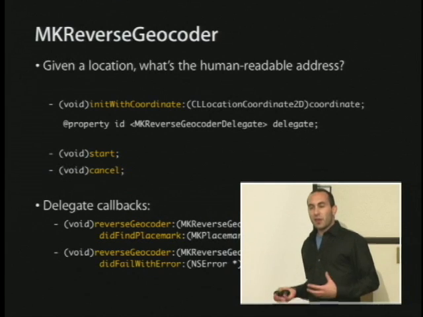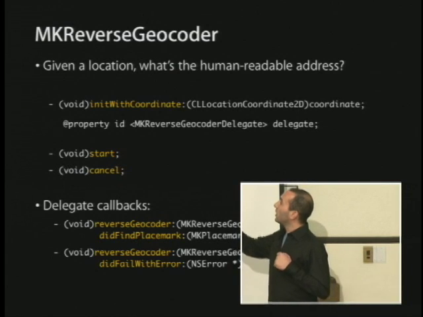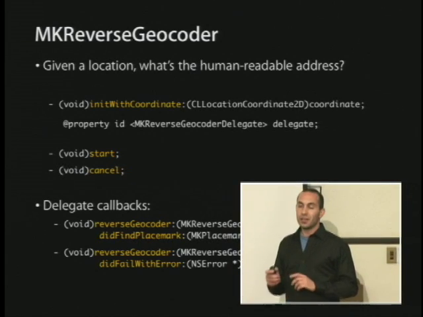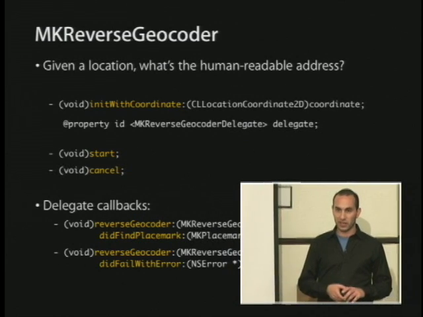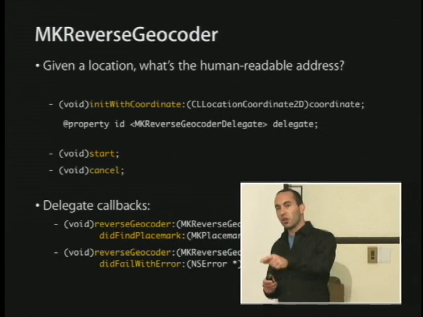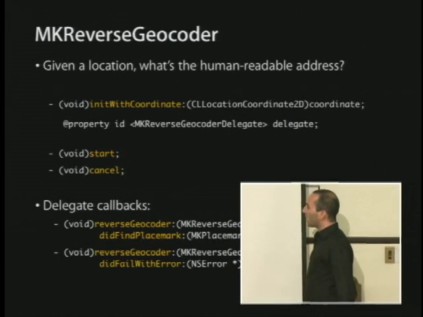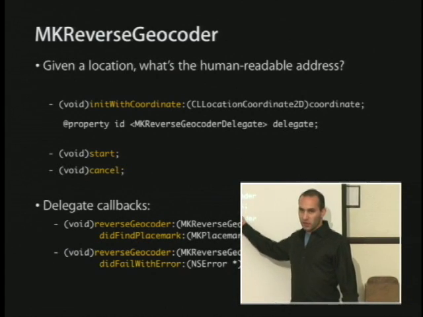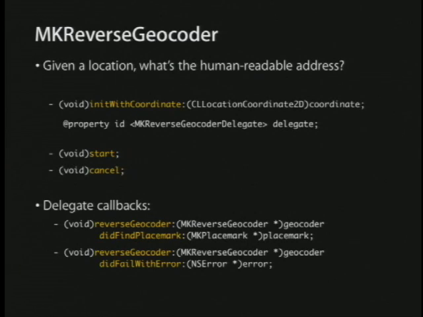So I would get that value from core location, and then I can create a reverse geocoder, init with the coordinate, and set myself as the delegate. Okay? I then tell the reverse geocoder to go find out where I am. It will call us back with the placemark, or an error, but the placemark's the interesting one here.